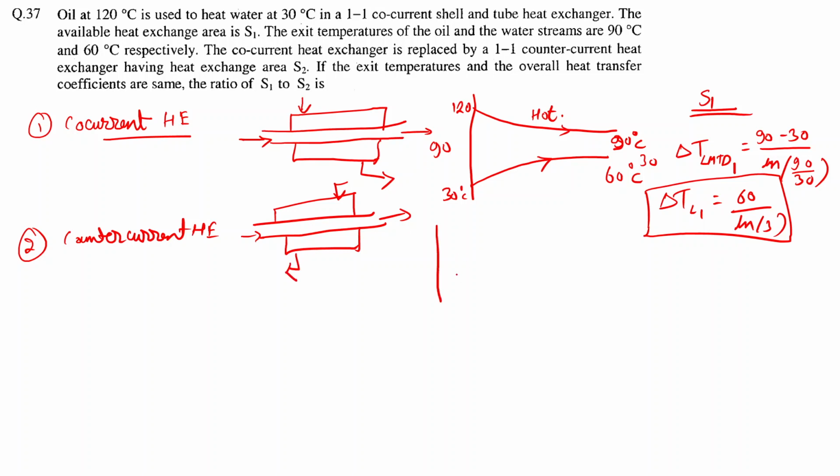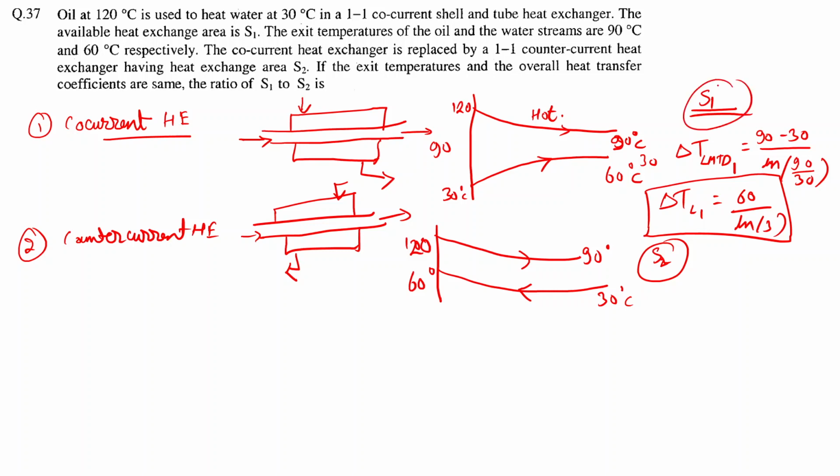And if I had to draw the temperature profile, then it will look somewhat like this. So this is 120 and the exit temperature will be 90, and for the cold fluid it will enter in the opposite direction. The inlet temperature is 30 degrees Celsius and the exit temperature is 60 degrees Celsius. And the heat exchange area is S2 for this case.